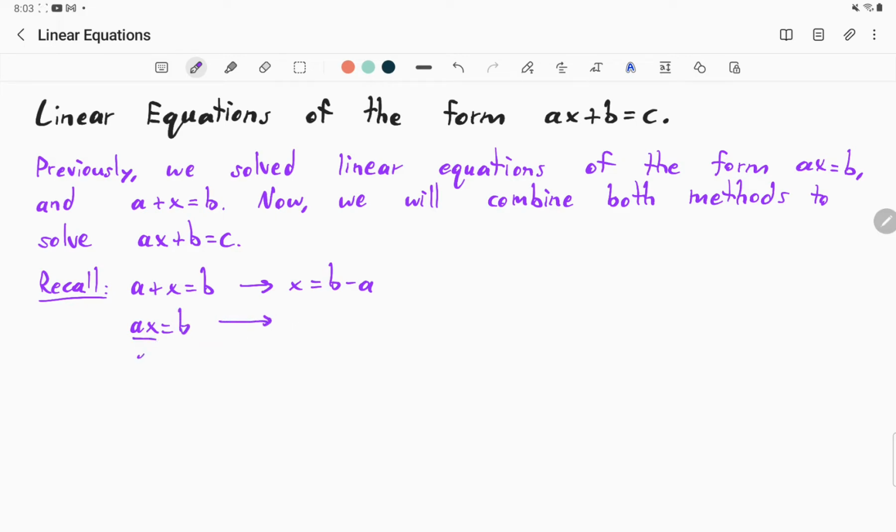You divide by a on both sides and you get x equals b over a, or b divided by a. Yeah, I have a video for that too. I'll link it below. Anyways, we're going to put these two methods together and we'll start with just a nice clean example. So combine our methods.